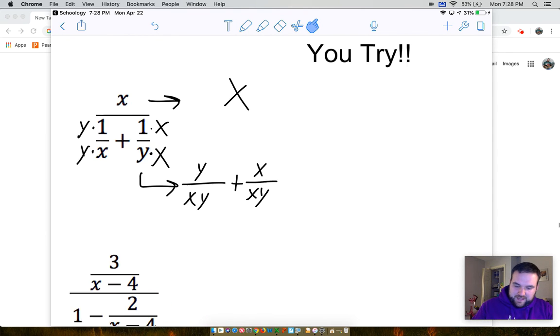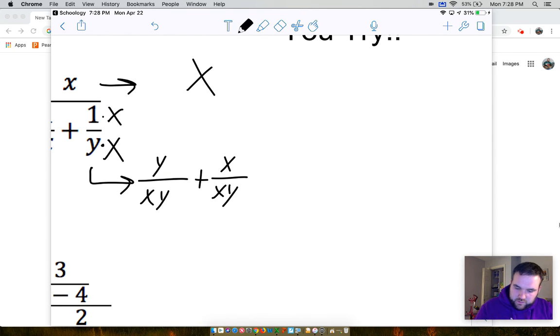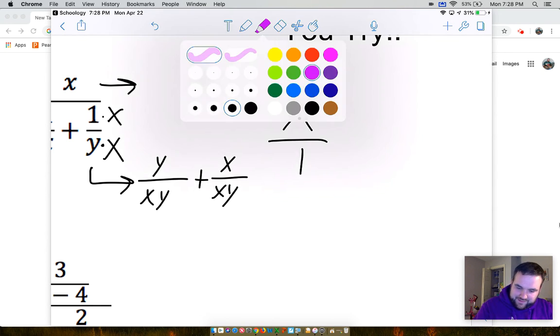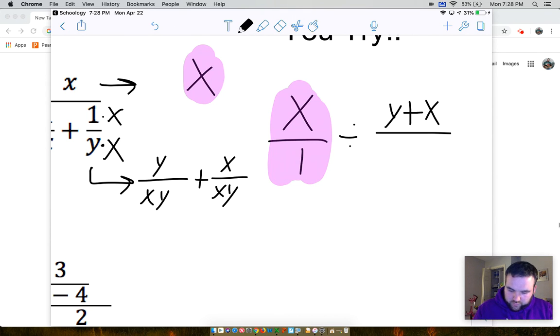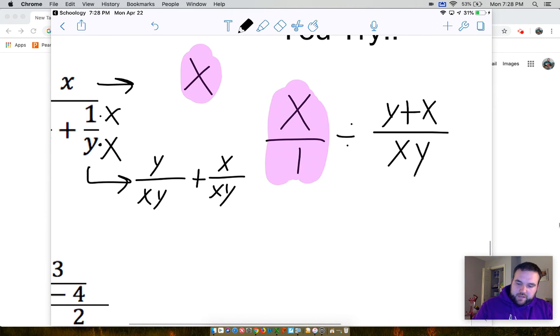So that means that I have x over 1, and that is this. You didn't need to put over 1, but whatever. Divided by y plus x over xy. Okay, that is my bottom fraction.